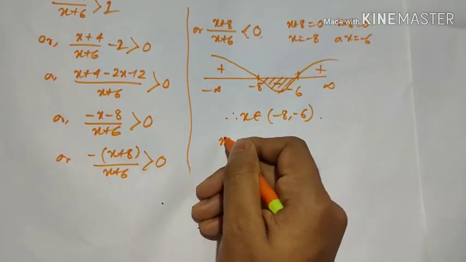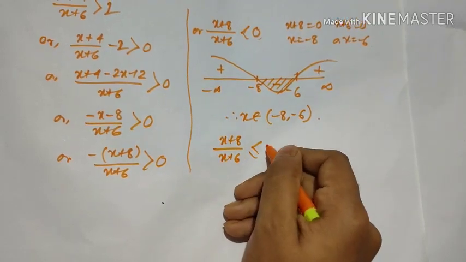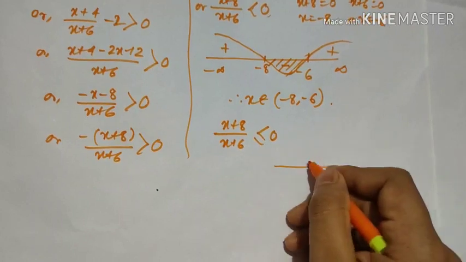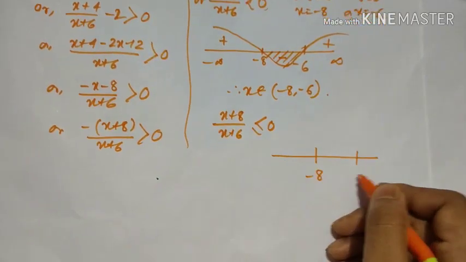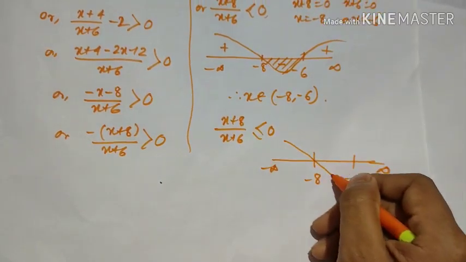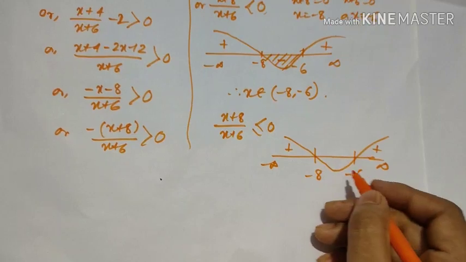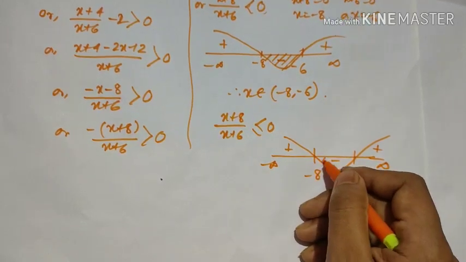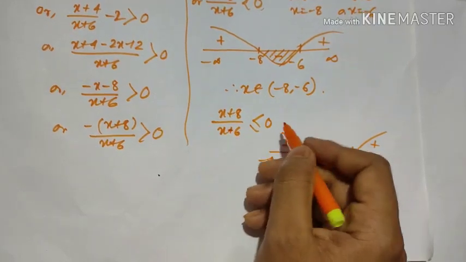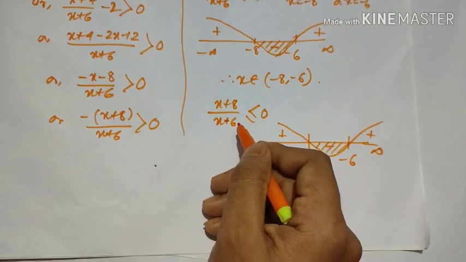Now suppose the final equation comes like this. Similarly we plot the points -8, -6, minus infinity, infinity. Here we need to consider one point: though this is negative, it is equal, so the denominator can never be equal to 0.